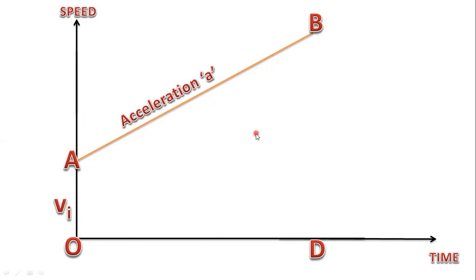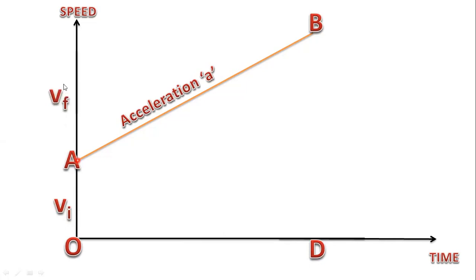Vi is the initial velocity, starting from 0 and reaching point A. At this point the acceleration has started.